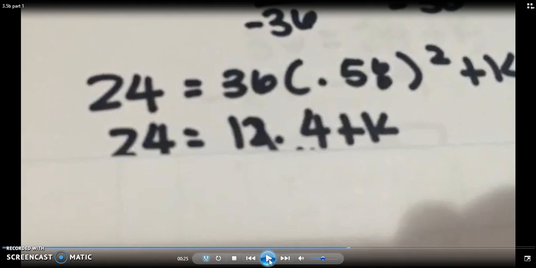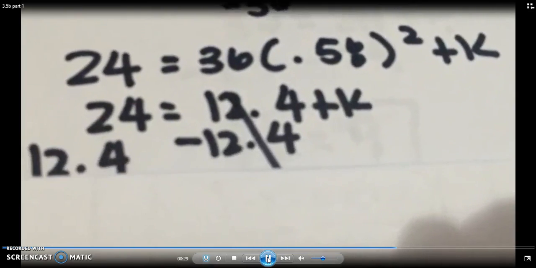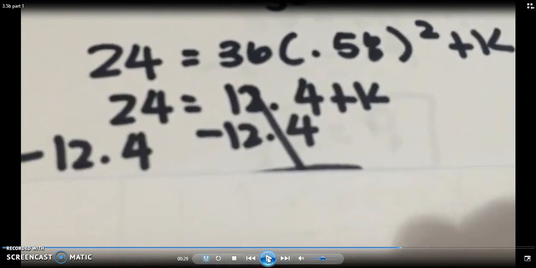So what I'm going to do is plug my a into one of the original problems, and I plugged it into 24 equals 36a plus k. So 36 times 0.58 equals 12.4. So it's 24 equals 12.4 plus k.